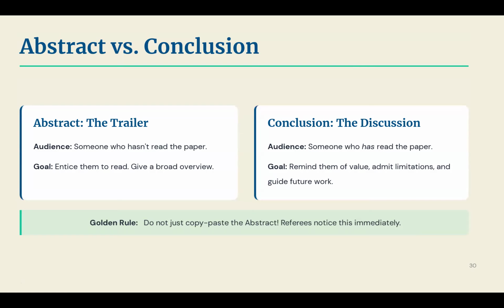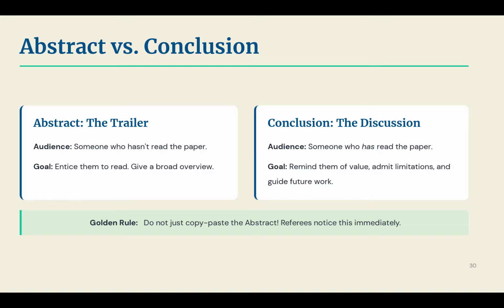Abstract versus conclusion. Now remember, abstract is like a trailer. It is for someone who hasn't read the paper yet, who comes before reading it. Your goal is to get a handshake with your reader, get them into your paper, and then give a broader overview.